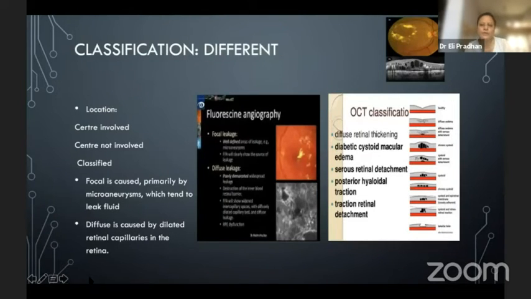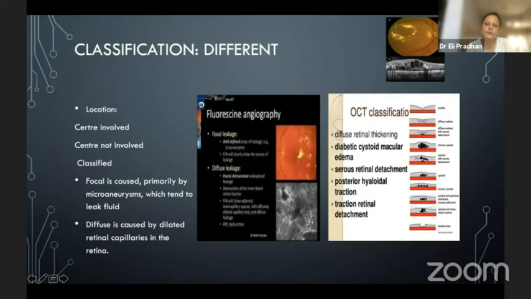Briefly in review about diabetic macular edema, there are different classifications. Our aim is mainly to help in the management. It could be center involved or center not involved, classified as focal when caused by microaneurysms which tend to leak fluid, and diffuse when there are dilated capillaries in the retina causing diffuse edema of the fovea.